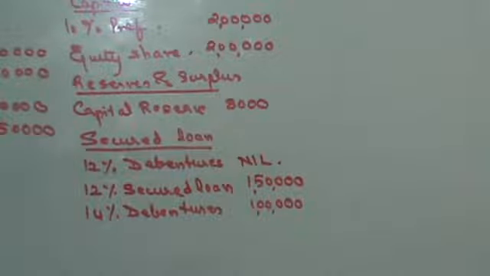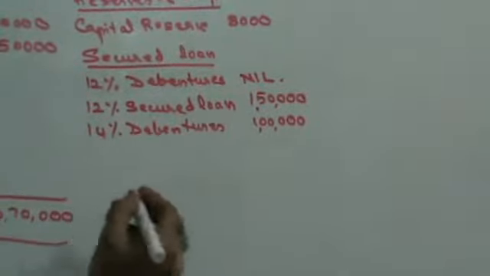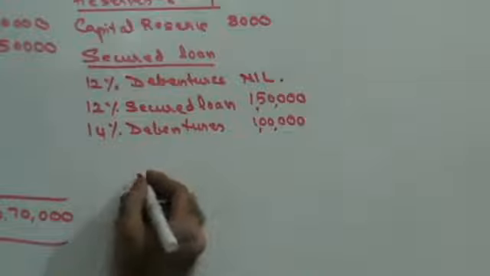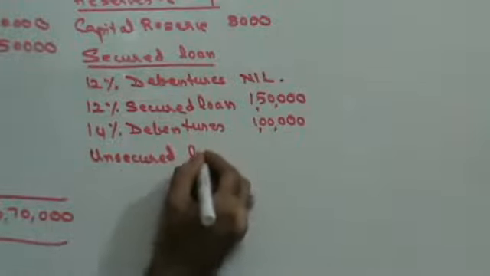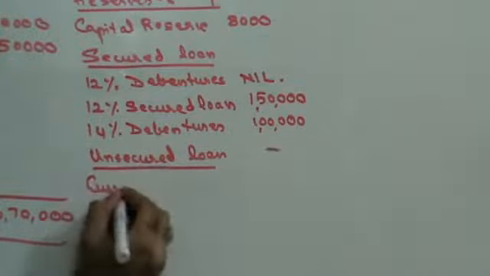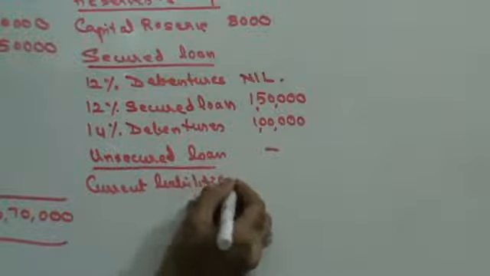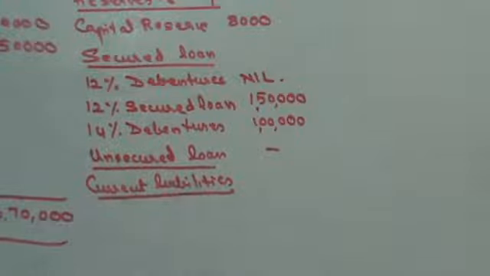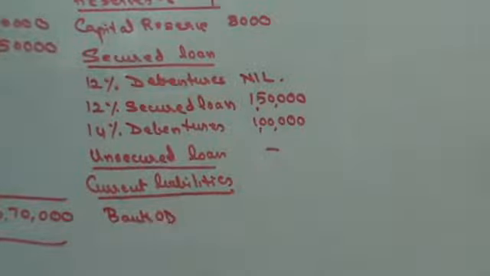Next, once secured loan is done, you have unsecured loans. Not given to you. Then you have current liabilities. In current liabilities, you have bank overdraft. Bank overdraft is 50,000. It's on the debit side.